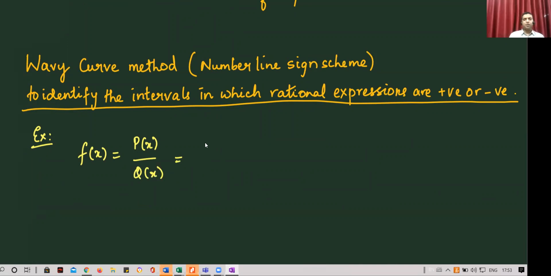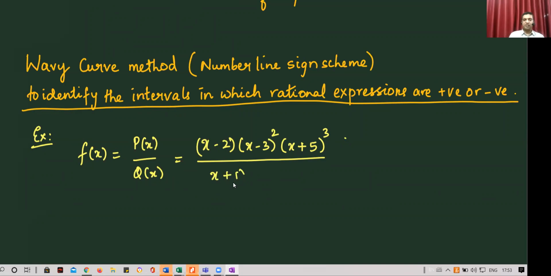Okay, now you have x minus 2, x minus 3 the whole square, and x plus 5 the whole cube by x plus 1 times x minus 4 the whole power 4.